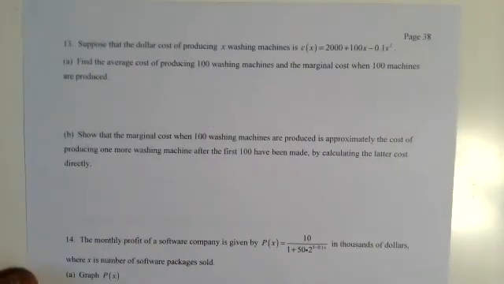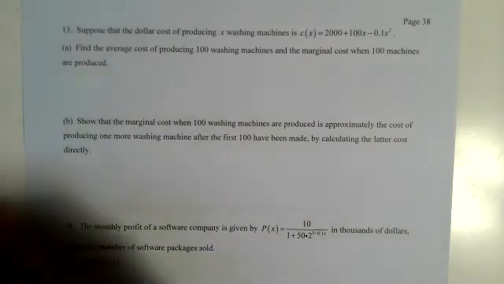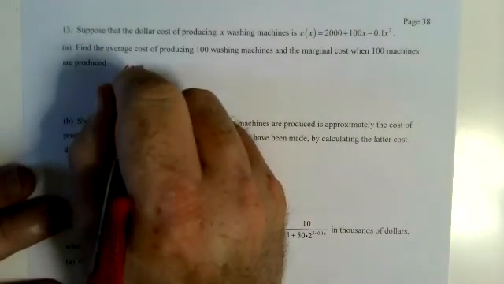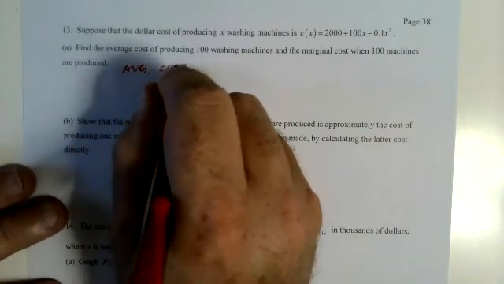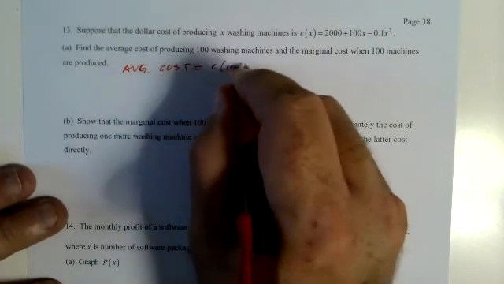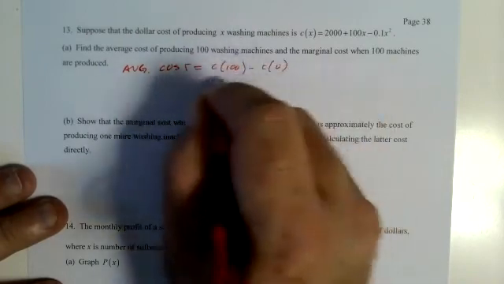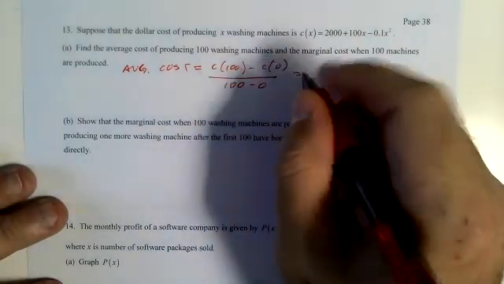All right, a little bit of business stuff I threw at you earlier. Suppose that the dollar cost of producing x machines is C of x. Average cost: C of 100 minus C of 0 over 100 minus 0 equals $90.